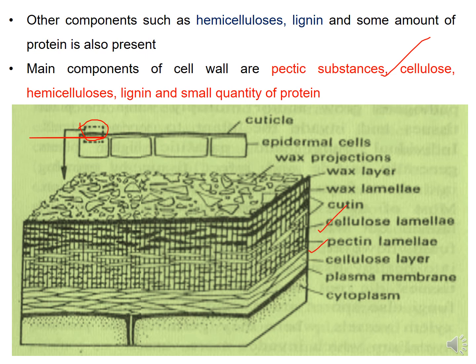Then the cellulose layer, that is the secondary cell wall, the plasma membrane, and inside it is the cytoplasm. I think you can understand the cell wall structure basically, so that you get an overall idea of how the pathogen can make its move to degrade these substances one by one.